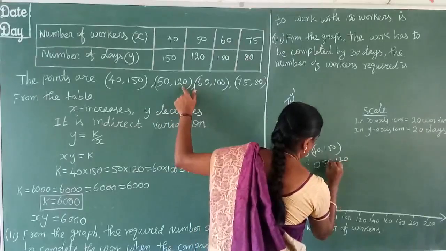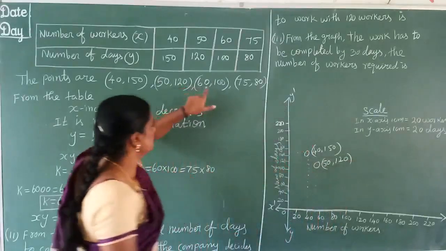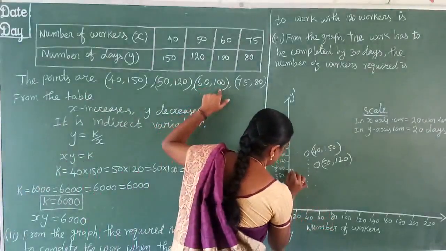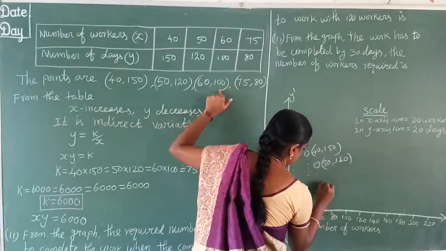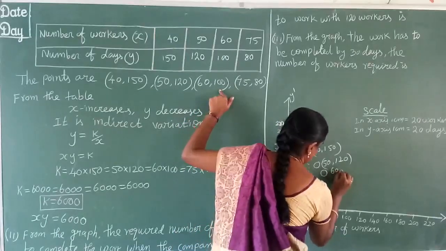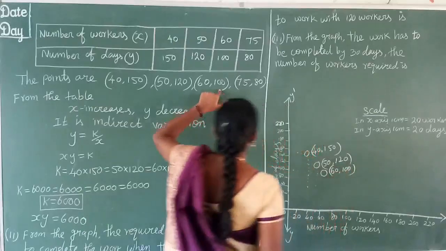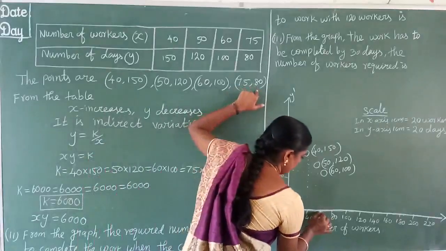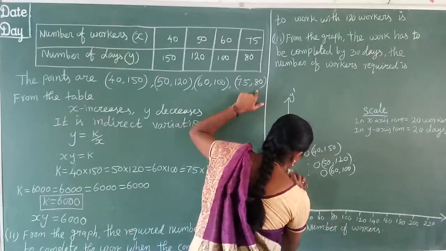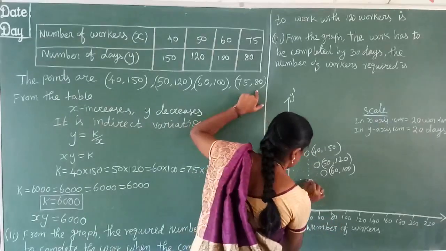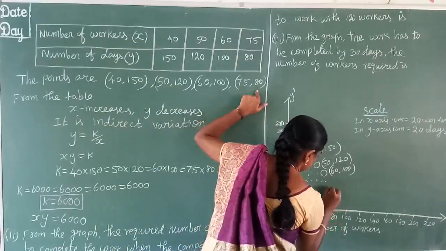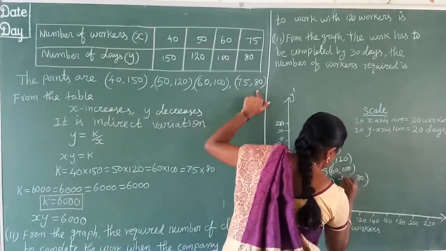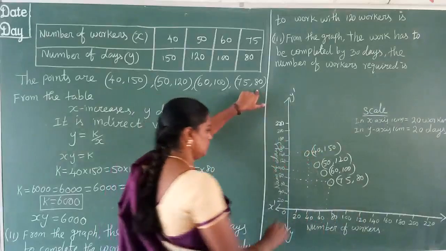Third one 60, 100. Next one 75, 80. 75 is in between 60 and 80. So join this.